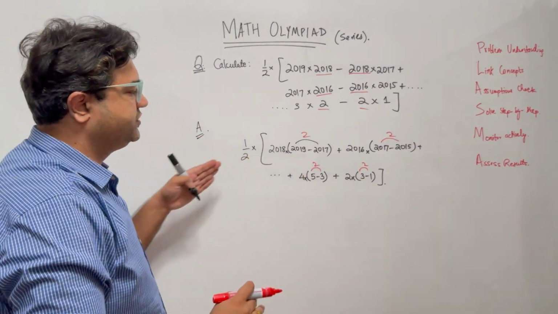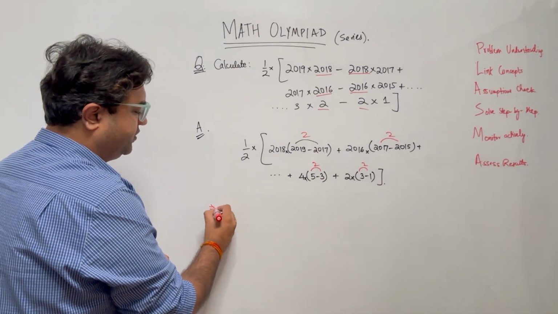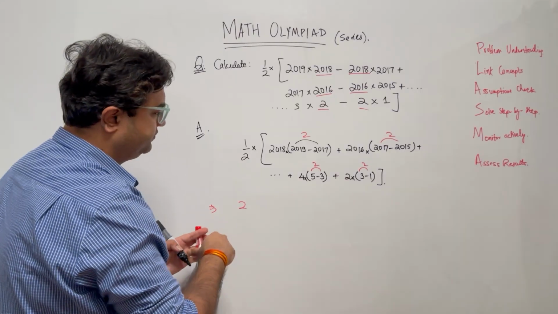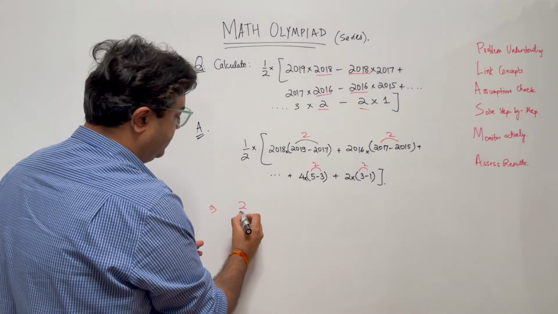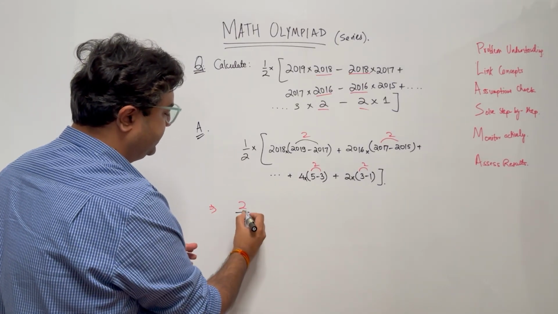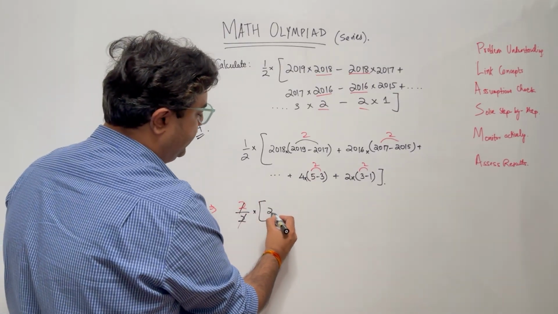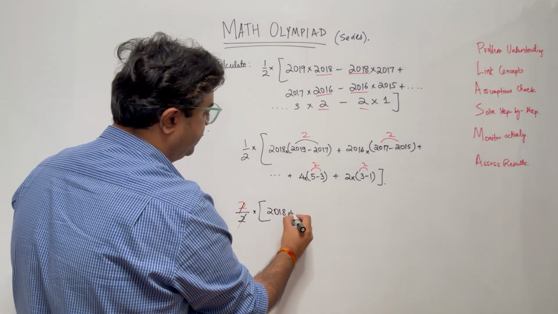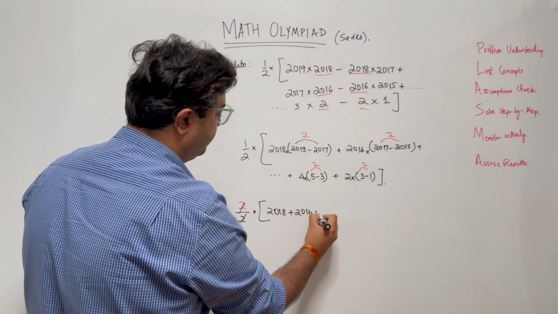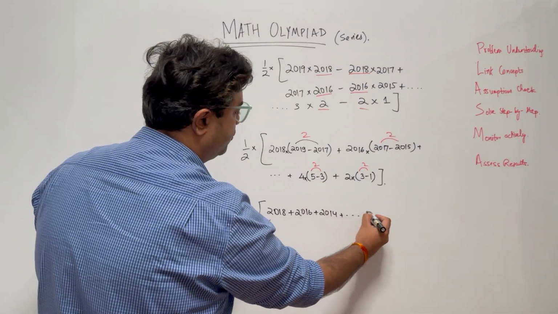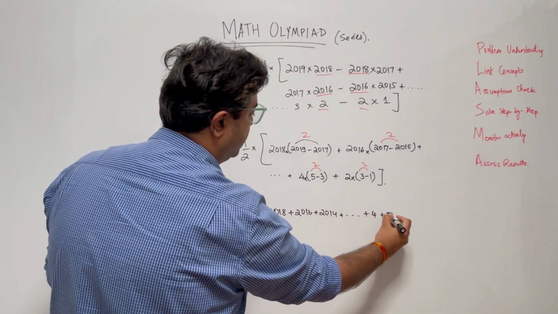So if we take out this difference, 2 is taken out, so it will become 2 divided by 2. So that's why this will cancel out. And what we are left with is 2018 plus 2016 plus 2014, because it's all going 2 less, and then plus 4 plus 2.